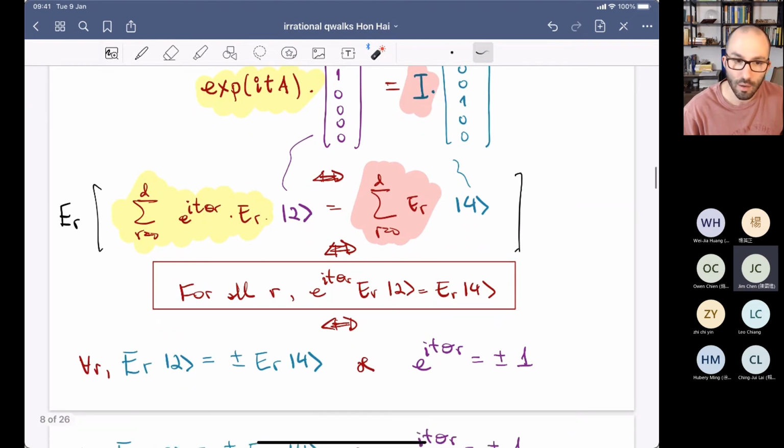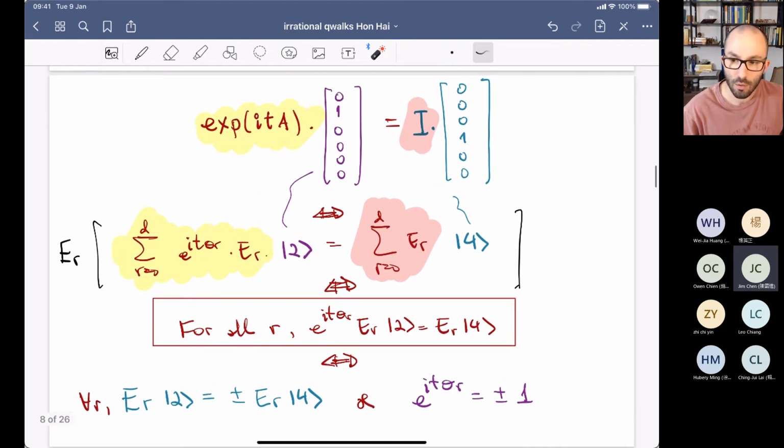It's definitely necessary when you're studying quantum walks in a graph to analyze each one of these E_r independently, because they are all orthogonal to each other. So whatever happens here for one particular r will not be affected by any other one.